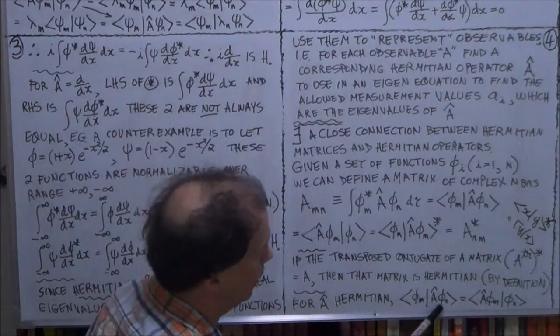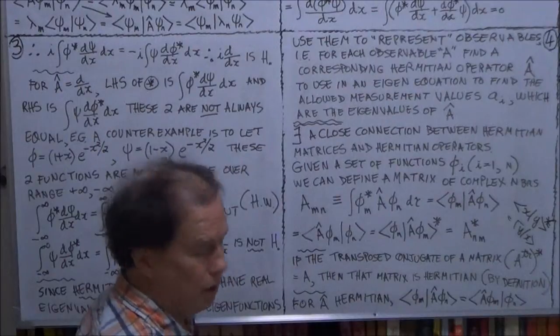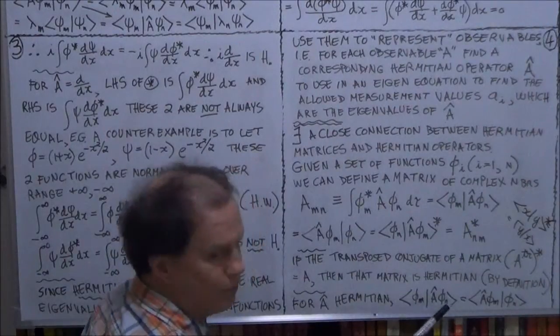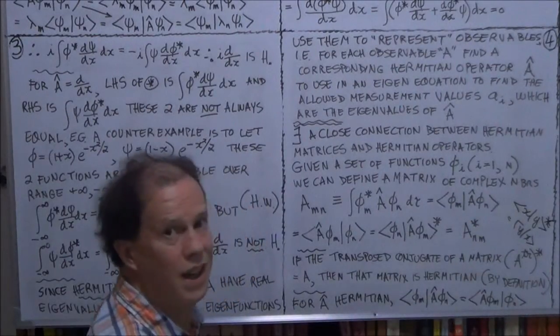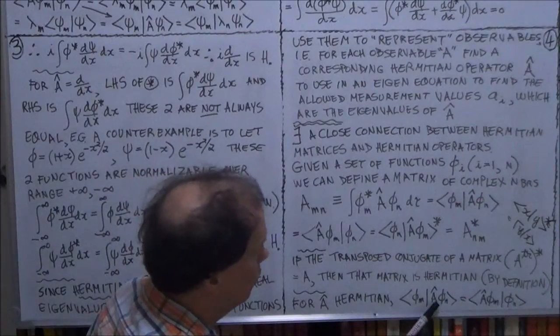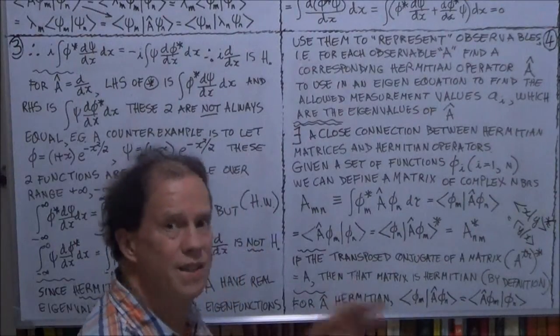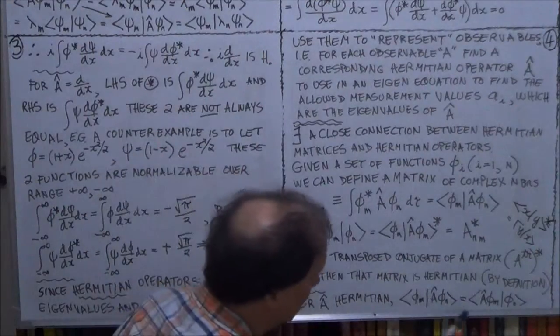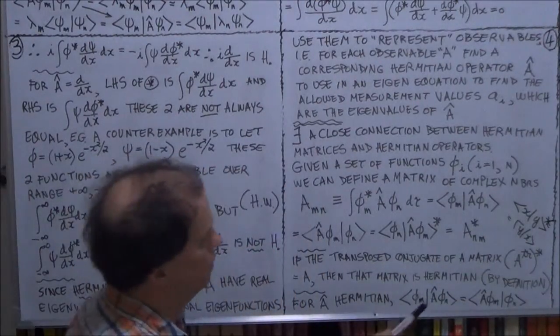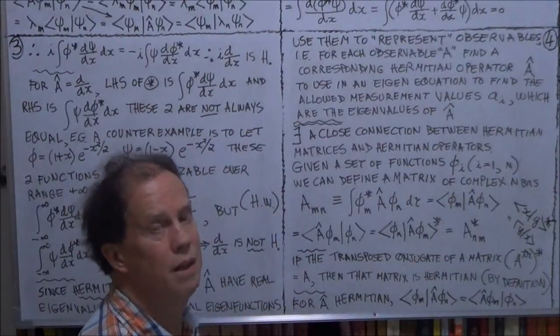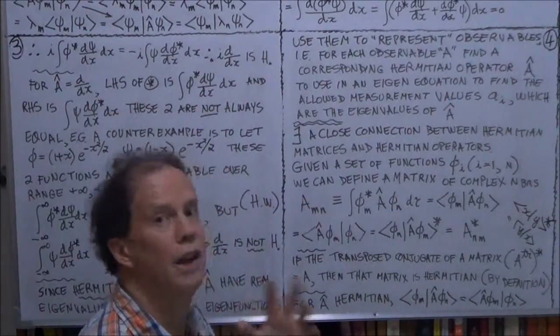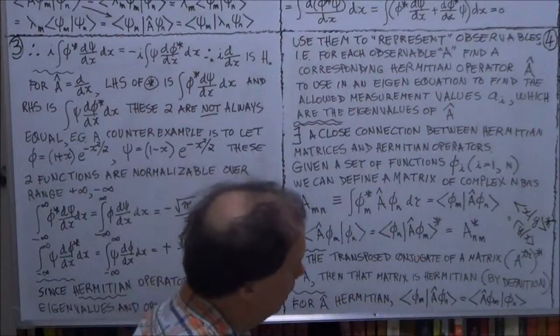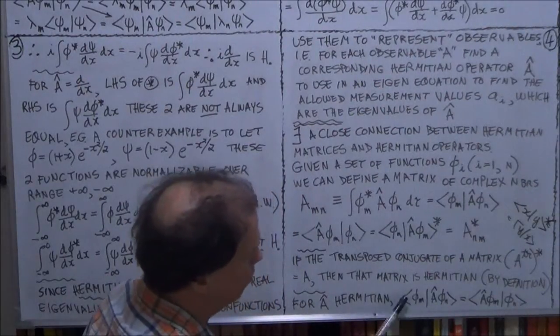Do you put it on the right hand side with the ket, or on the left hand side with the bra? It doesn't matter. If A is Hermitian, it doesn't matter if it's on the right hand side or the left hand side.